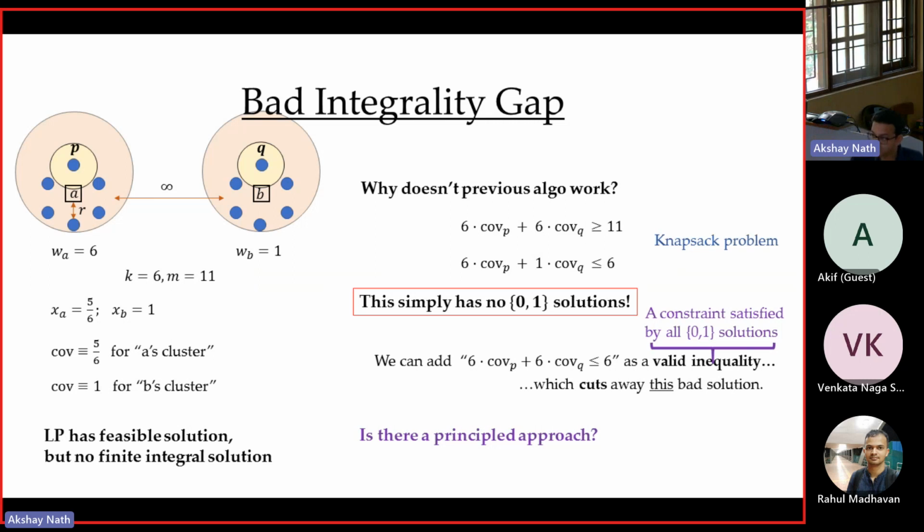If not, there is a way to say that what the LP gave me is cheating so much that there is an inequality which separates it from the correct set of solutions, the integer solutions. Then I can add that and solve it. So this is a very generic, very old technique from the OR literature.